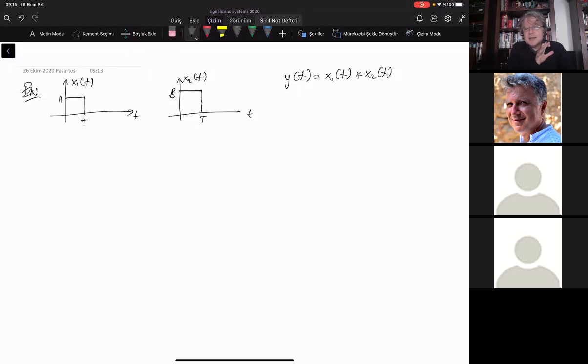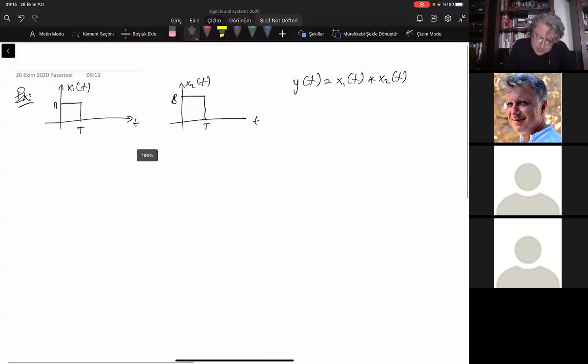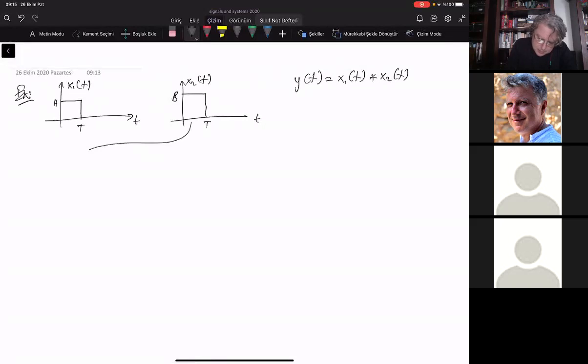When you start sliding the folded version of this one, the folded version will look like this, right? This is the folded version of x2 of t. If you go further to the left, of course, there will be no overlap, no intersection of the signals.